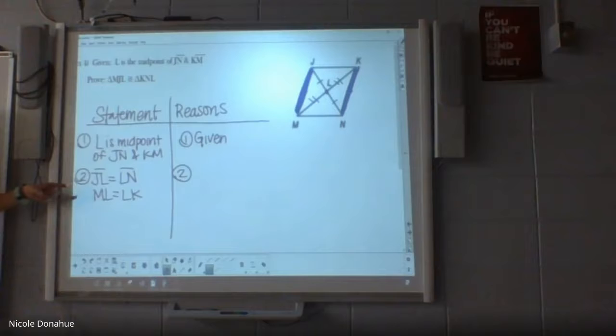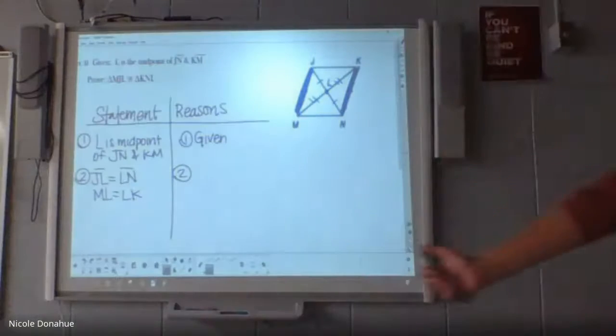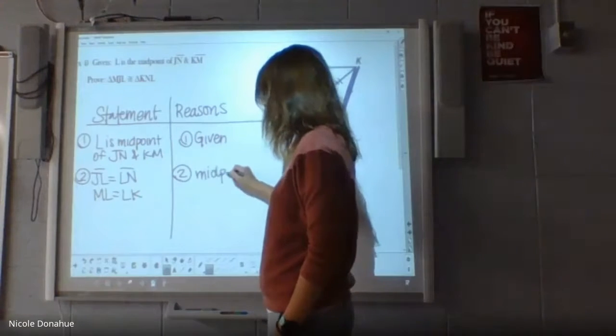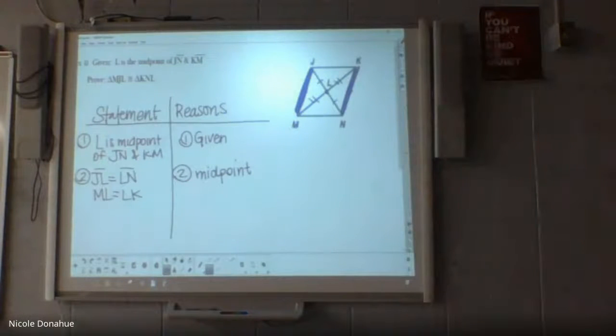How are we able to say this? What's our reason? A lot of times the reason's really obvious, you guys. What just told us that? Midpoint, that's all it is. Again, I don't care if it's a definition, postulate, theorem, whatever. You can just write midpoint. I know what you're talking about. I know that you're showing a rule.